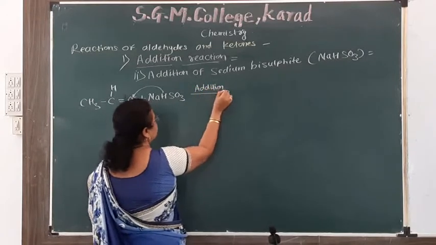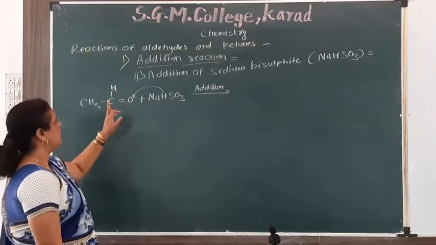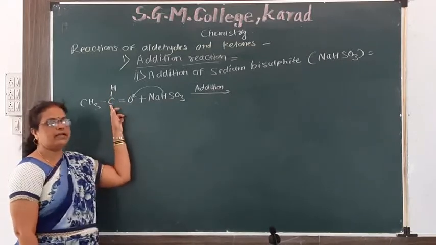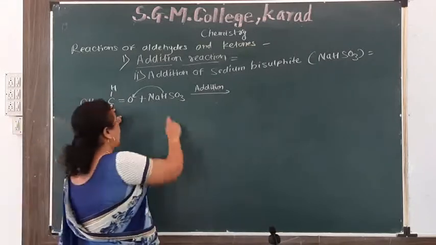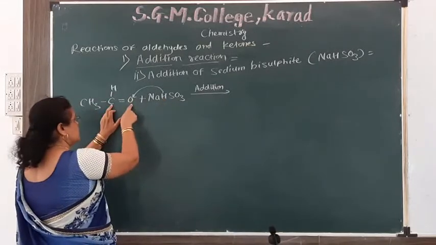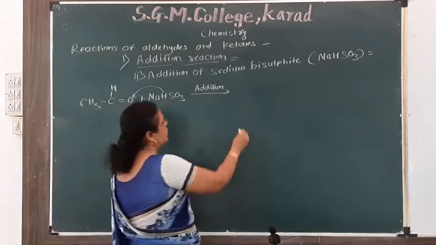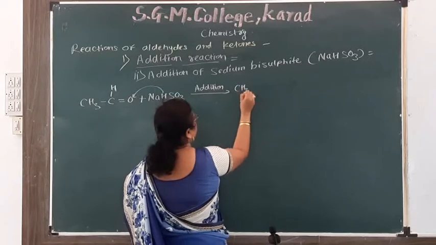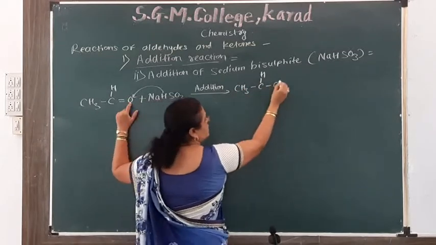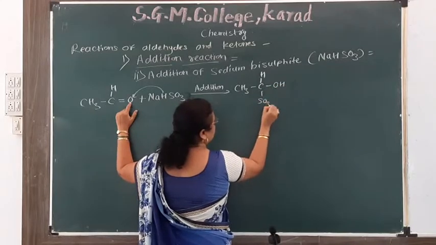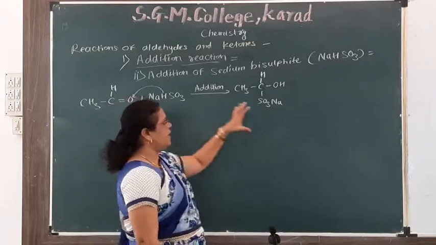Here addition takes place, the carbon-oxygen bond breaks, the sp2 hybridized carbon atom gets converted to sp3 hybridized carbon atom, the hydrogen atom is attached to the oxygen atom, and the SO3Na group is attached to the carbon atom. Then CH3CH(OH)SO3Na, the addition product of acetaldehyde, is obtained.